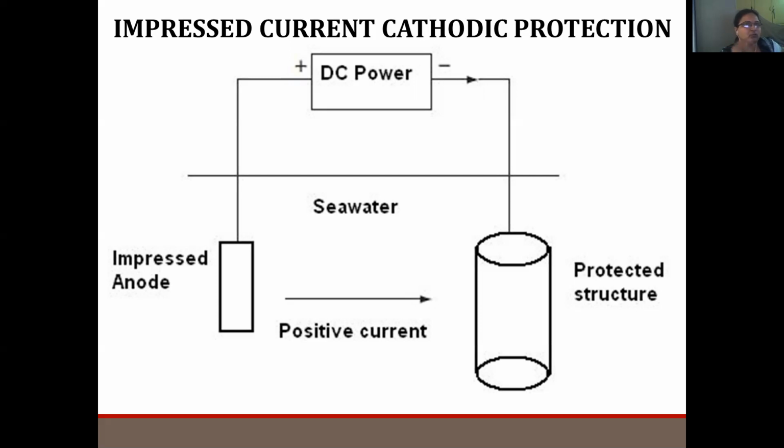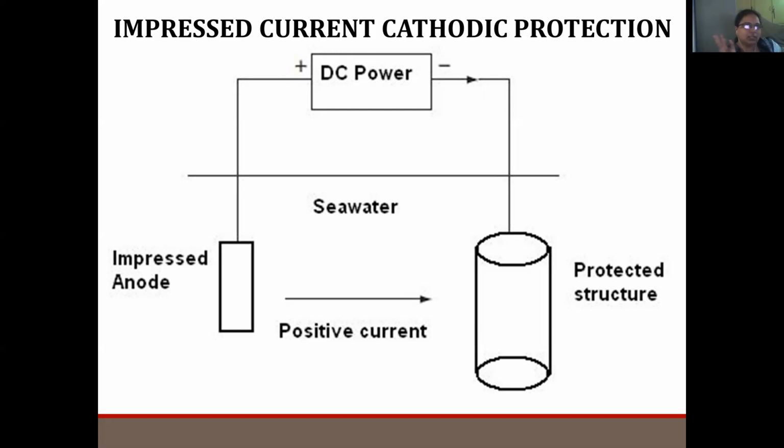So we have seen two types. The basic principle of cathodic protection is to make the anode forcibly behave as a cathode. Then only will the metal be protected from corrosion. In cathodic protection, we have seen two types: sacrificial anodic protection and impressed current cathodic protection.